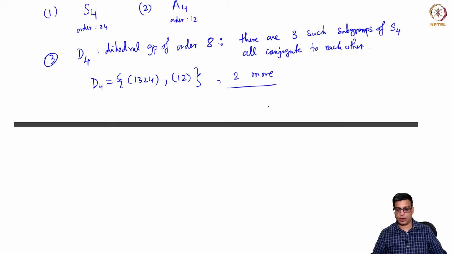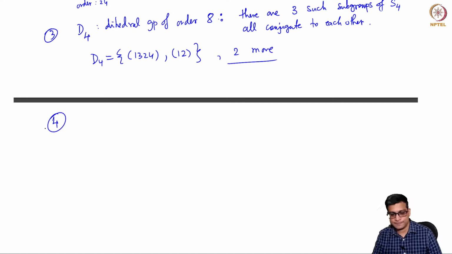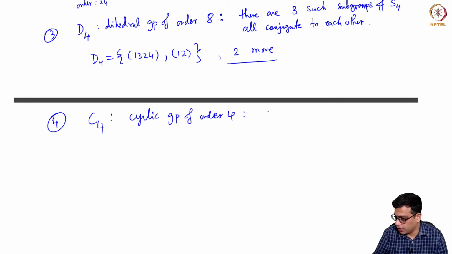For now I don't want to write those. This is one and there are 2 more. Each of them is in fact a dihedral group of order 8, and this is a cyclic group of order 4. Again there are 3 of these.